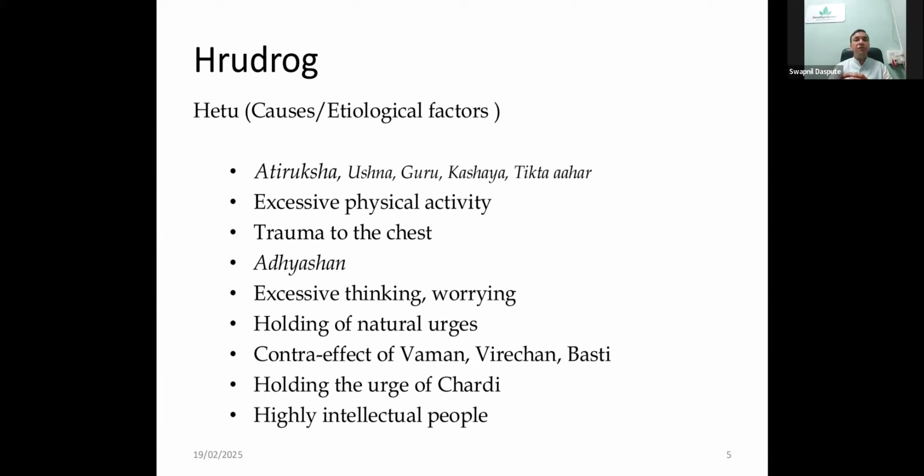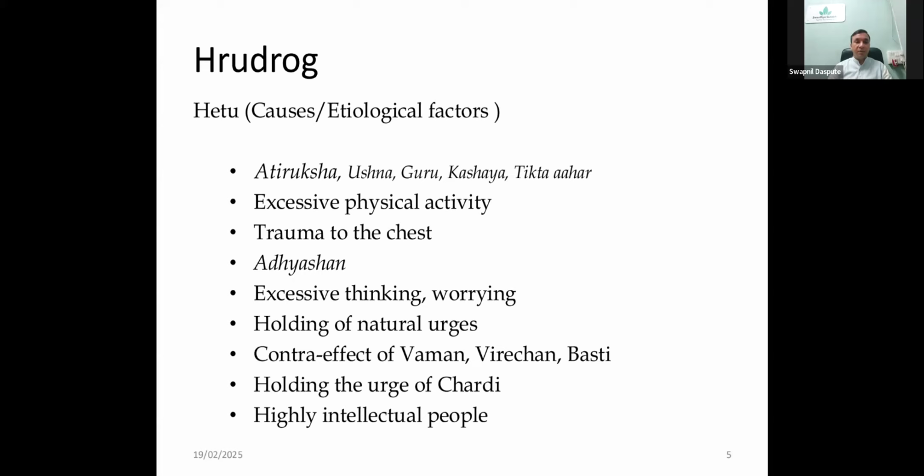Holding the natural urge of chardi, vomit. We've seen this in the past. Holding natural urge of vomit, what can it lead to? Which disease? Hika. Sorry, Shita Pitta. So holding of natural urge of chardi will put strain on to the heart.